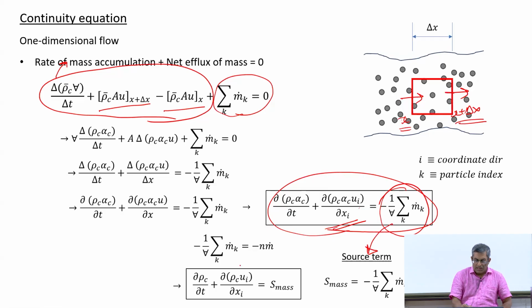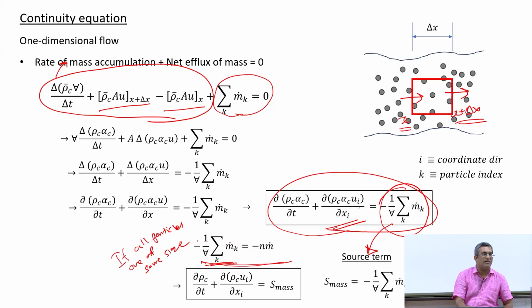Now, if the size of all particles is the same, then we can write this term as the number of particles times the rate of change of mass of individual particles, but I can take the number term out and this will give me number per unit volume, that is the number density, that is what we have here.